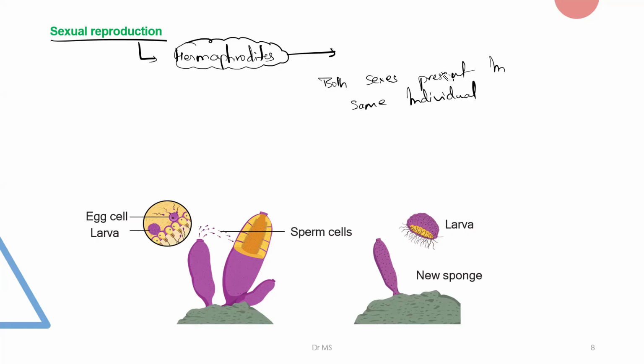So suppose we know that eggs are produced by the female organs and the sperms are produced by the male organs. Here, the eggs and sperms will be produced by the same individual. Remember that.